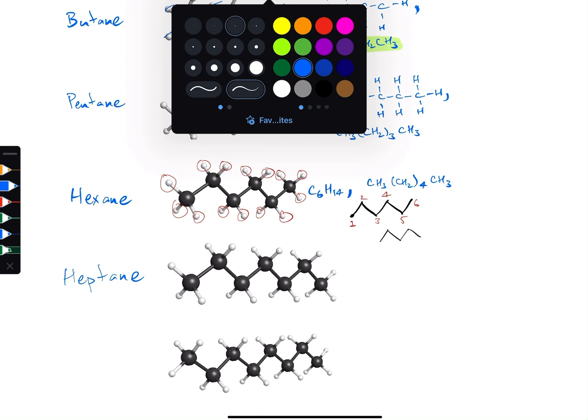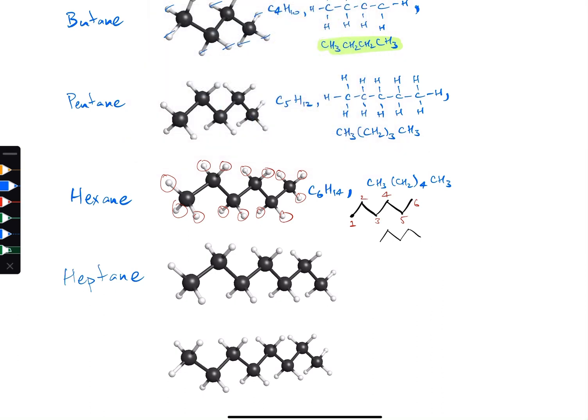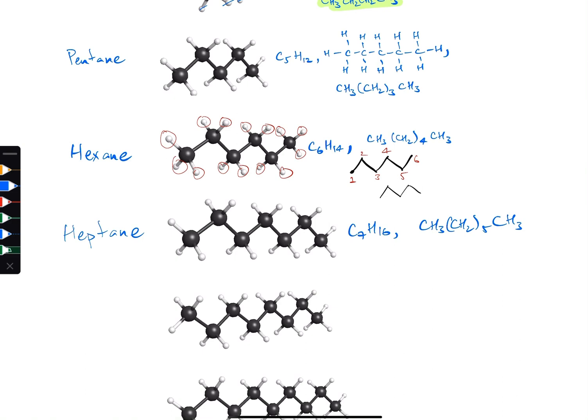It has molecular formula C7H16. It has condensed structural formula CH3, CH2 5 times, CH3. And it has skeletal formula like that.